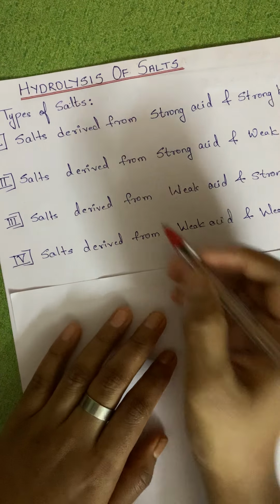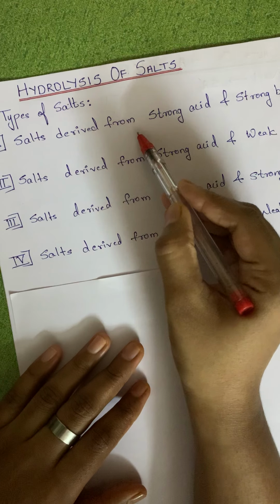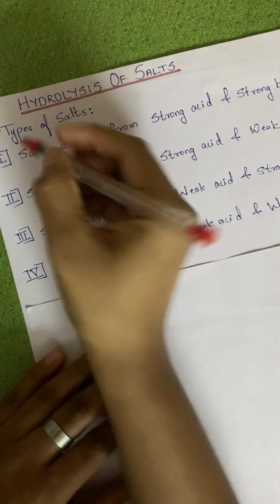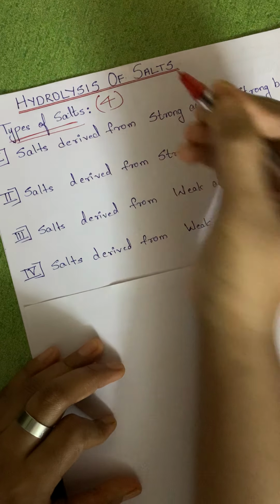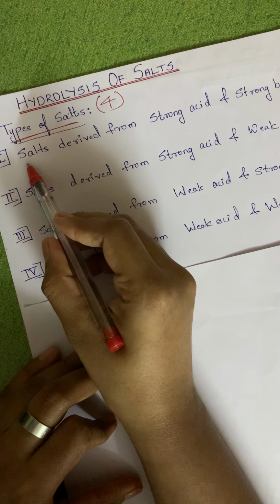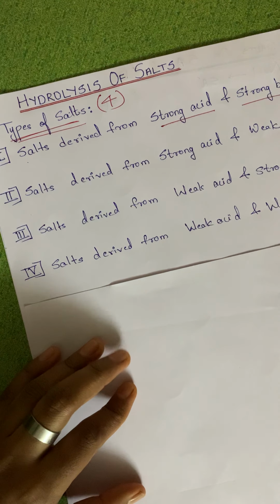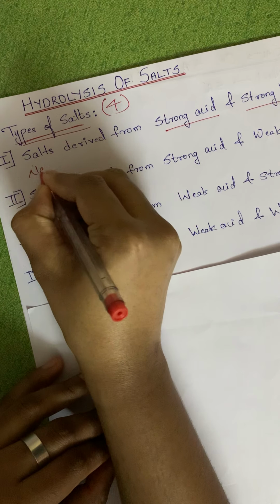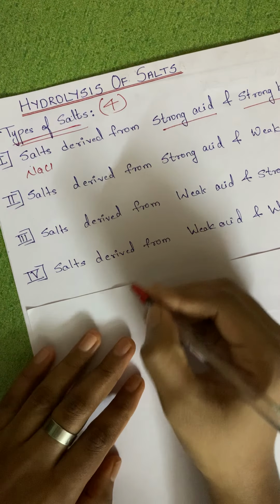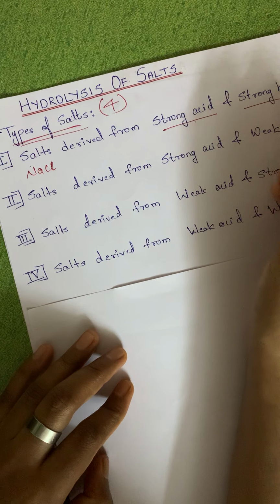The salts can be derived from strong acid and strong base. We are mainly seeing the types of salt. There are 4 types. Salts derived from strong acid and strong base, for example NaCl, is an example of a salt derived from strong acid and strong base.